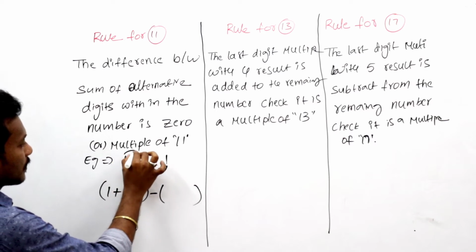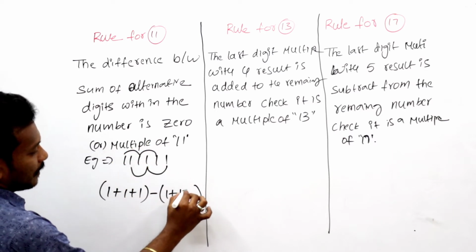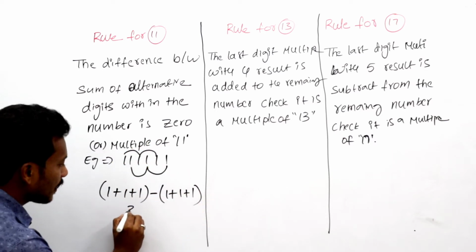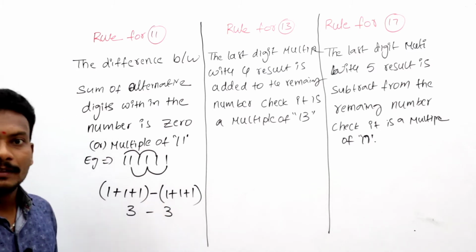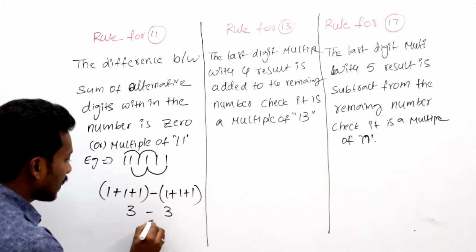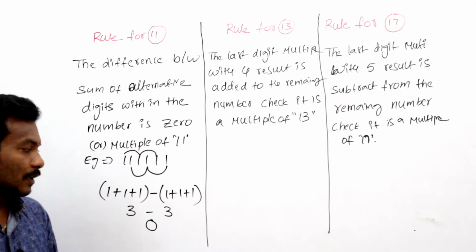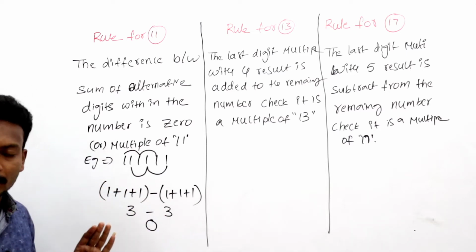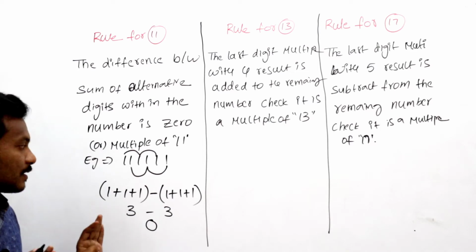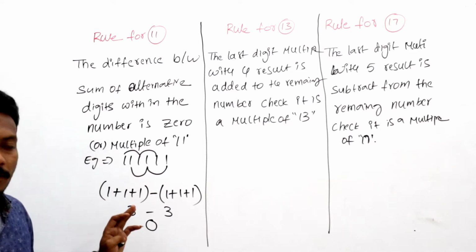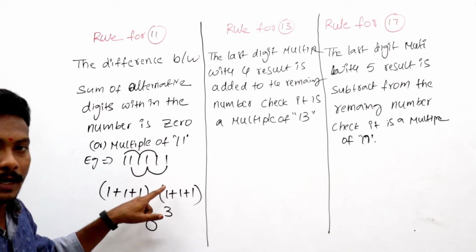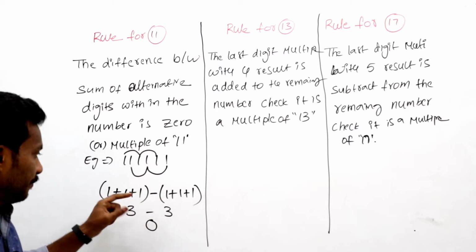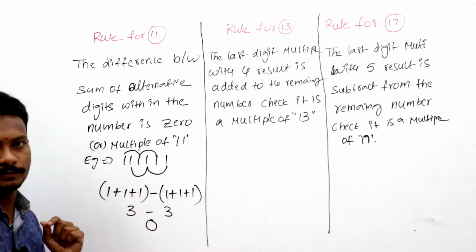The remaining digits 1 plus 1 plus 1 is also 3. 3 minus 3 is 0. That's why the total number is exactly divisible by 11. This is the rule: take alternate digits, add them, and then subtract.